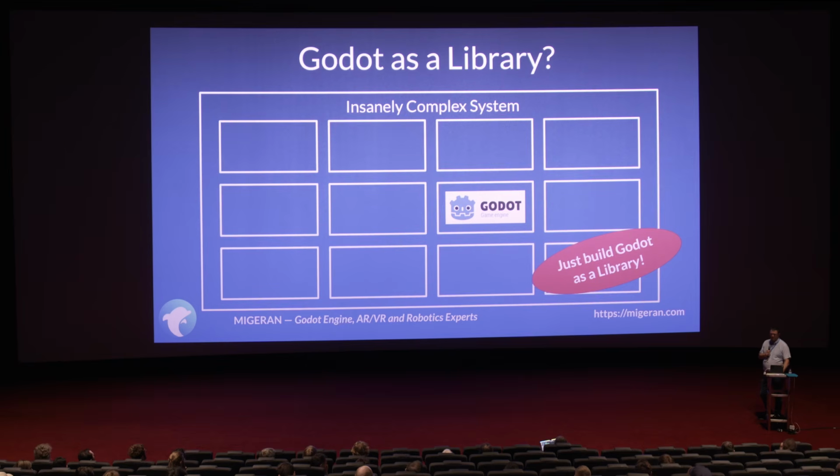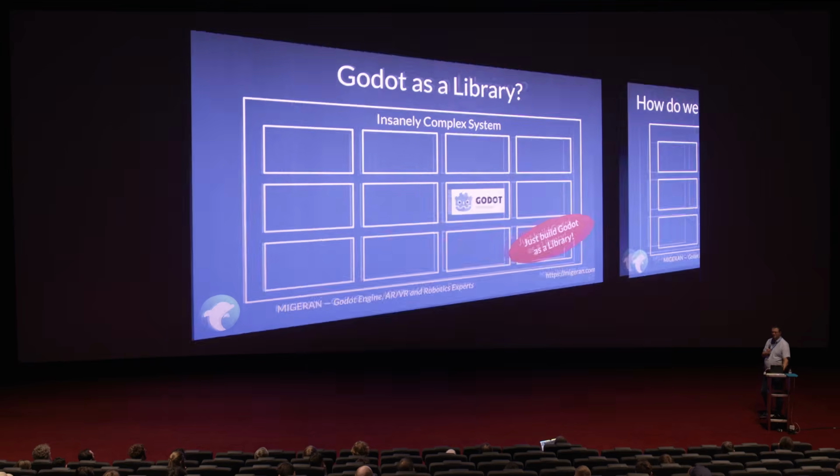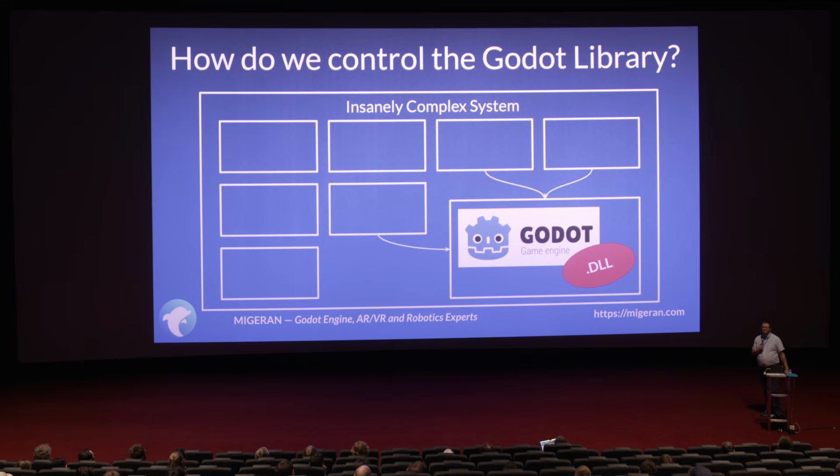Just build it like a library and it's done, right? Right? Well, the issue is that we also have to control somehow this embedded Godot instance. And this is where our solution comes in. So of course we could define a completely new API that makes it possible to control Godot from the outside.